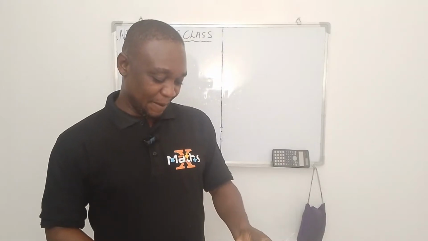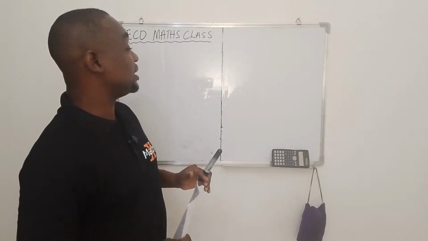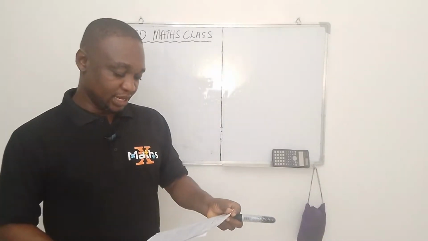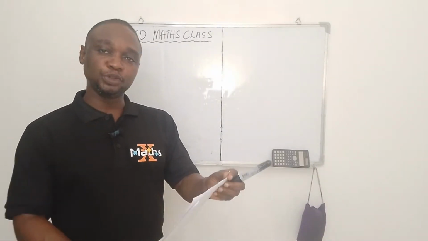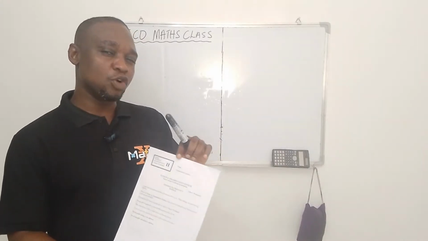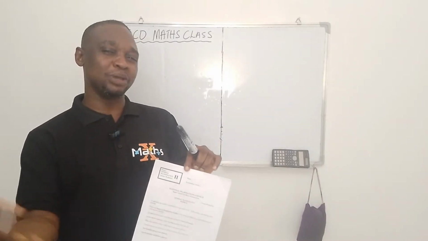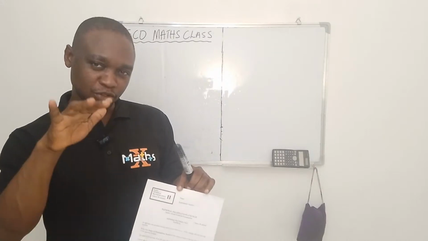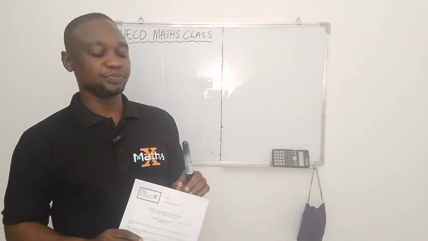It's well. For today's class, as you can see, we are on NECO mathematics. I want to put you through how the NECO paper 2 is structured before we get into solutions, because it's good you know how it's structured.